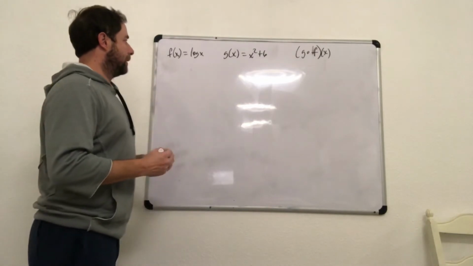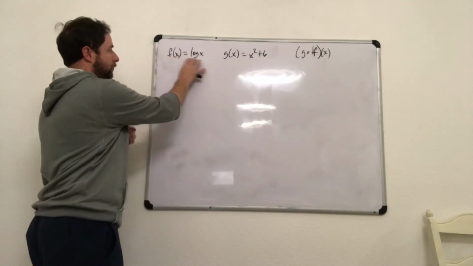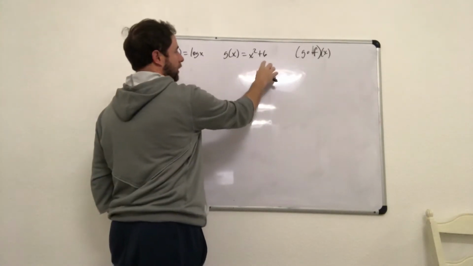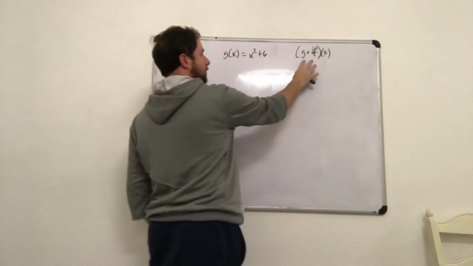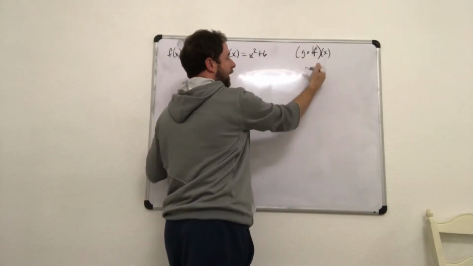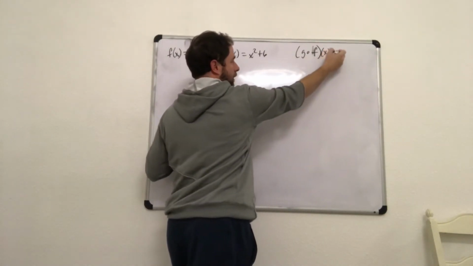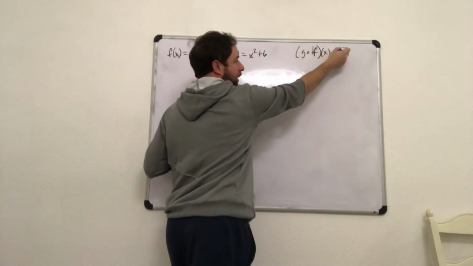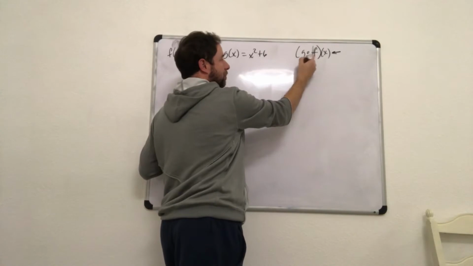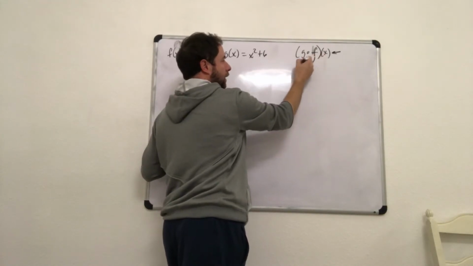This one, they give you two different functions here. They say f of x equals log x, g of x equals x squared plus 6. Then they say g, this little symbol, f of x. This is going to be abstract because they gave you a letter here and not a number. This is your base equation. This is the one you're plugging into.